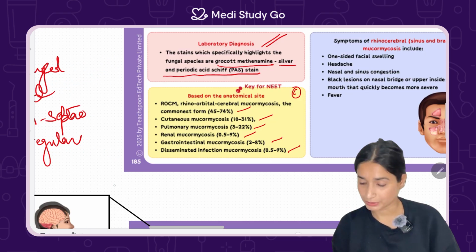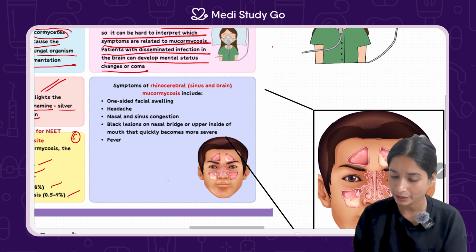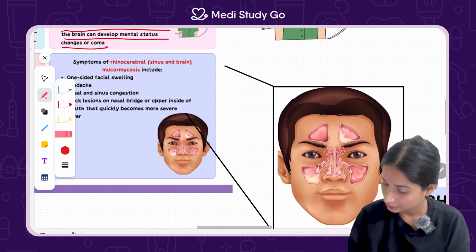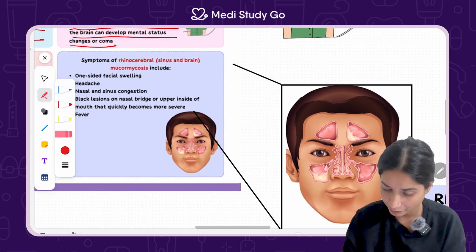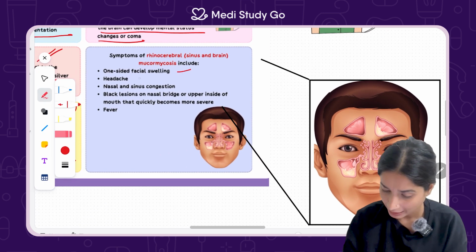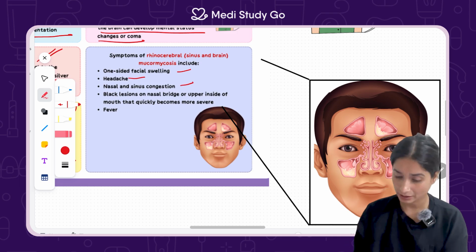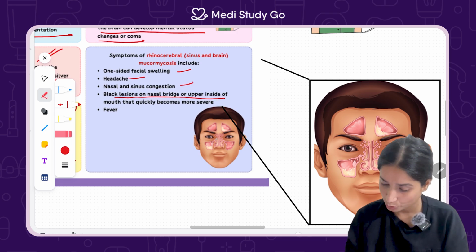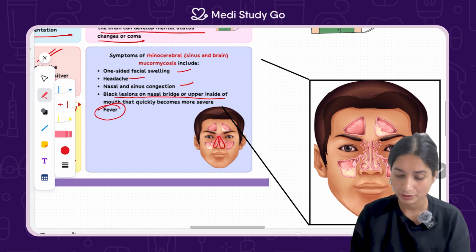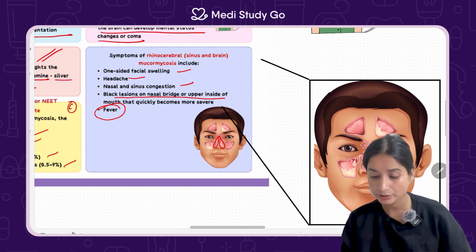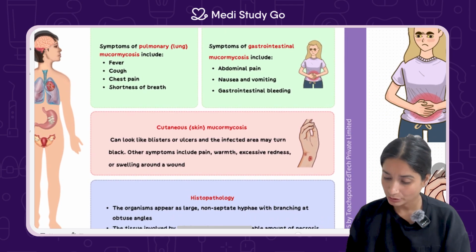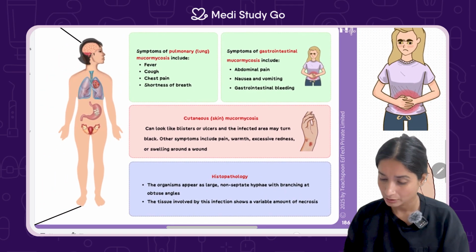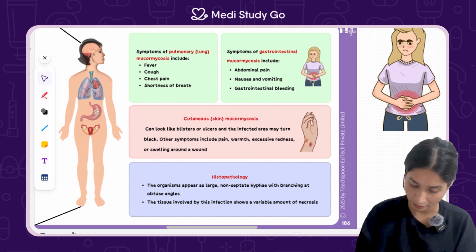So please remember this. Let's study the symptoms of rhino-cerebral mucormycosis. You will see one-sided facial swelling, headache, nasal and sinus congestion, and a black lesion on the nasal bridge. You will see some of the lesions over here. And of course fever. Now the symptoms of other types of mucormycosis.